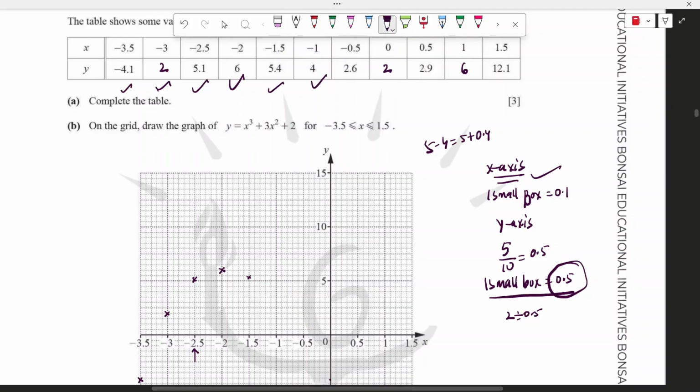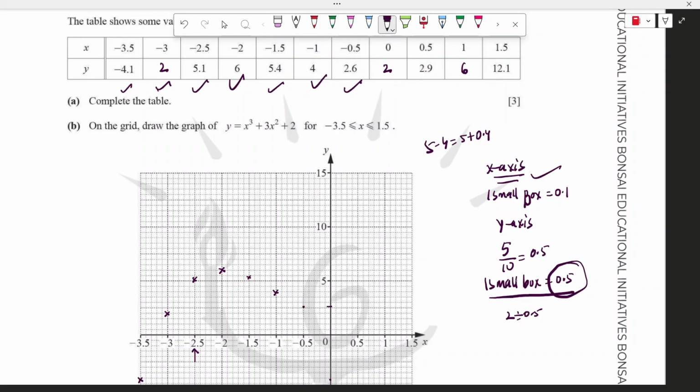Minus 1 and 4. Minus 1 and 4. You need to count the number of boxes every time. Next is minus 0.5 and 2.6.